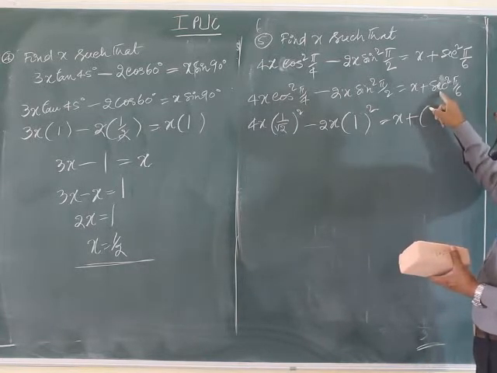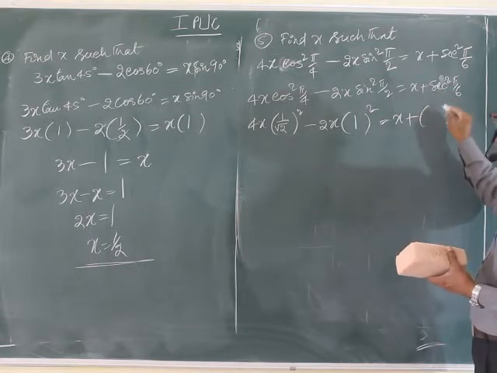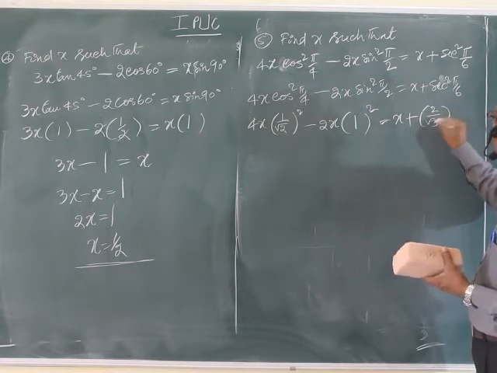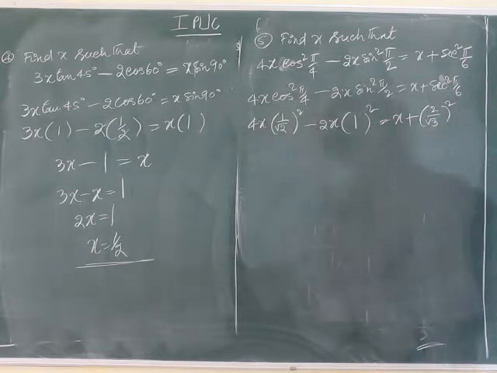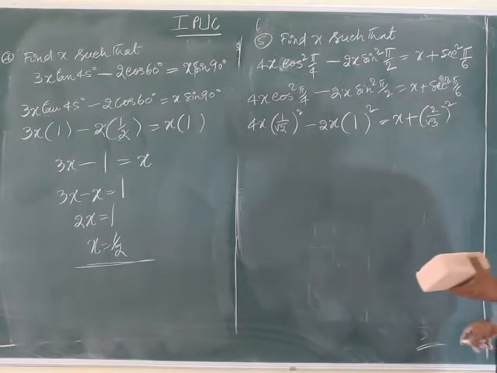Cos 30 is root 3 by 2, secant 30 is 2 by root 3. Go back to the chart and write correctly. 30 degree. Cos 30 is root 3 by 2, secant 30 is 2 by root 3.